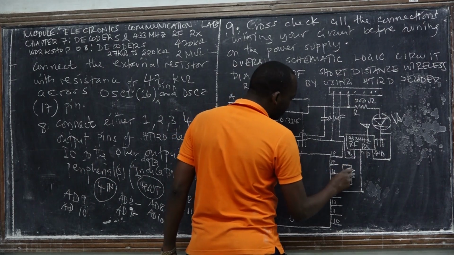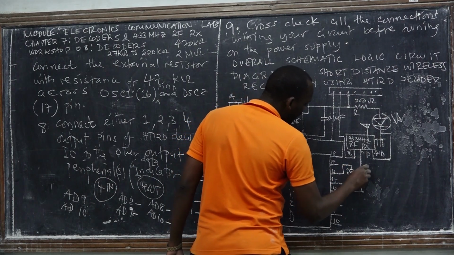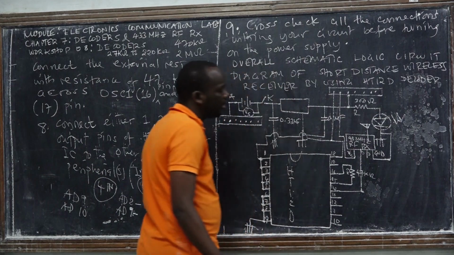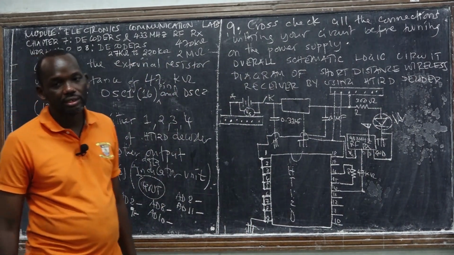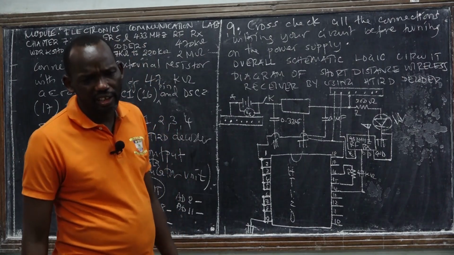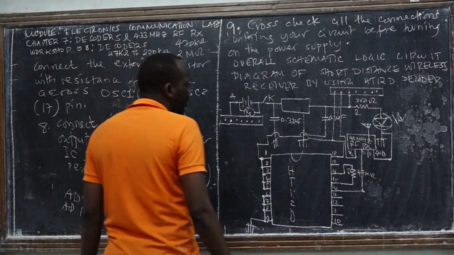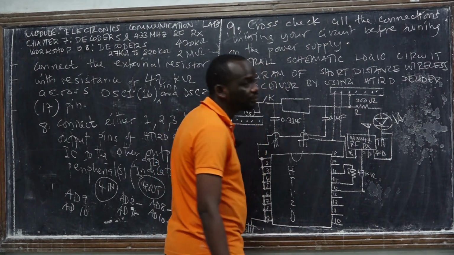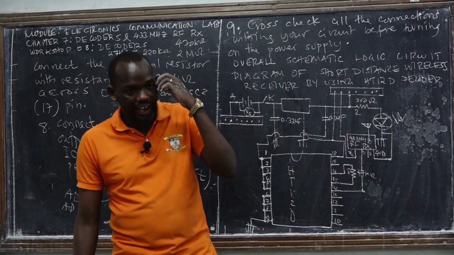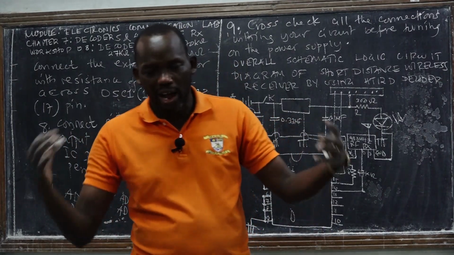So this is a resistor with 47 kilo ohm. The next is step number 8. Connect either 1 or 2 or 3 or 4 outputs, right? According to our design.